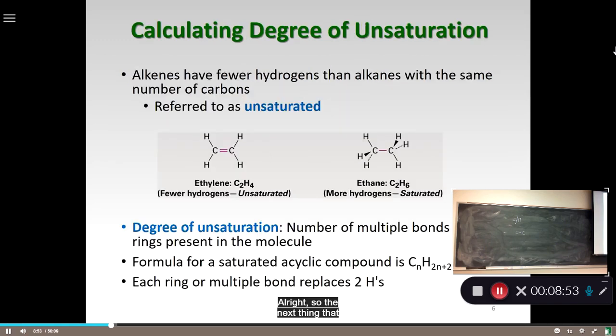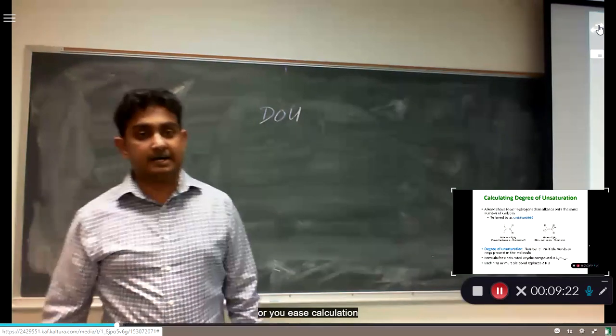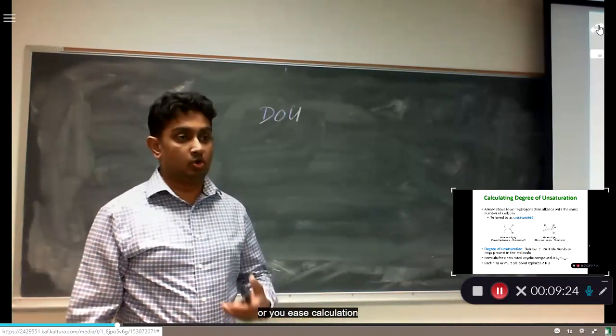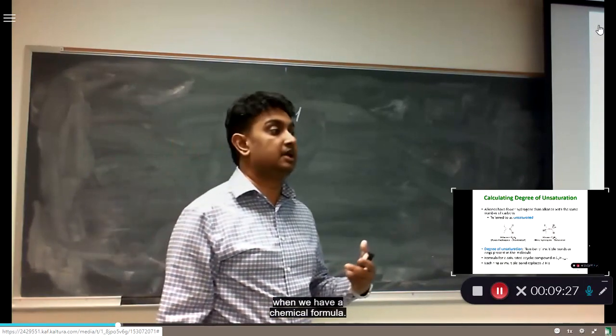The next thing that I'm going to talk about is the degree of unsaturation. I believe that we have some knowledge on this already, since we talked about degree of unsaturation when we discussed rings or cyclic alkanes. Degree of unsaturation, or DOU, is a calculation we do when we have a chemical formula.